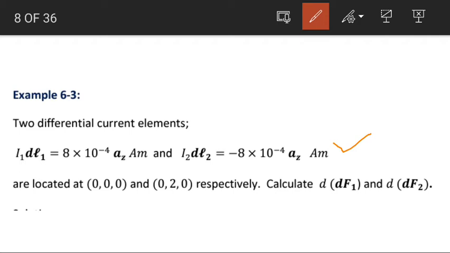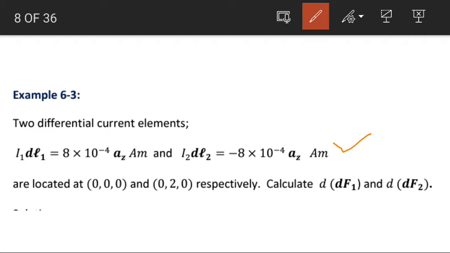These two differential current elements are located at 0, 0, 0 and 0, 2, 0 respectively. Calculate the differential force on the first differential current element and the differential force on the second current element.